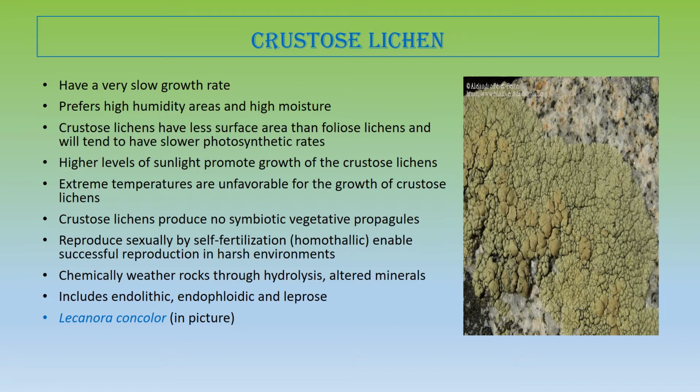And these crustose lichens, being very pioneer species, help in the chemical and physical weathering of rock, and this property is used by successional plants in the ecological succession. This is a picture of Lecanora concolor.